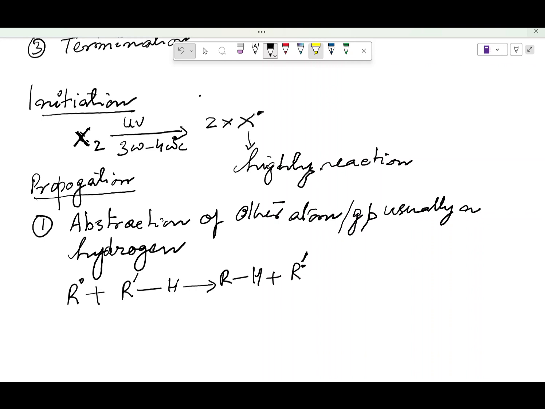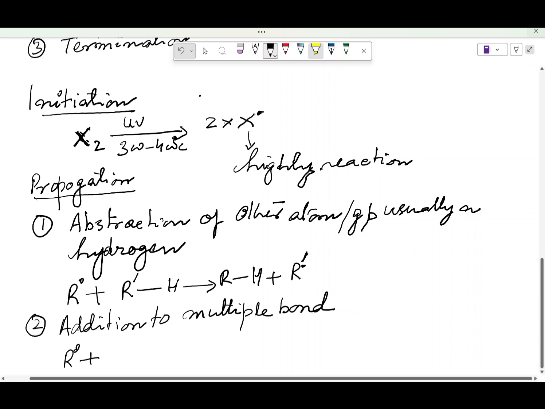And the second example is addition to multiple bond. Therefore, the R generated in the previous case, as I told you, can react with any multiple bond in this way.